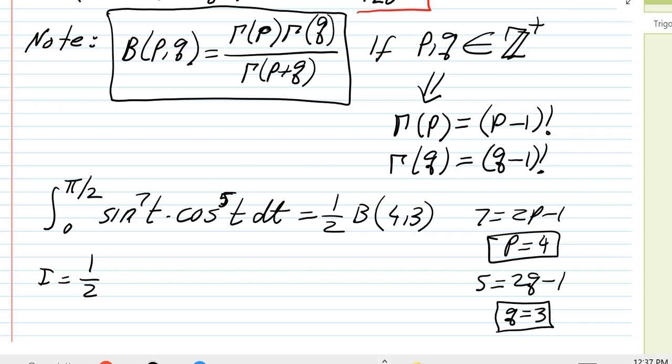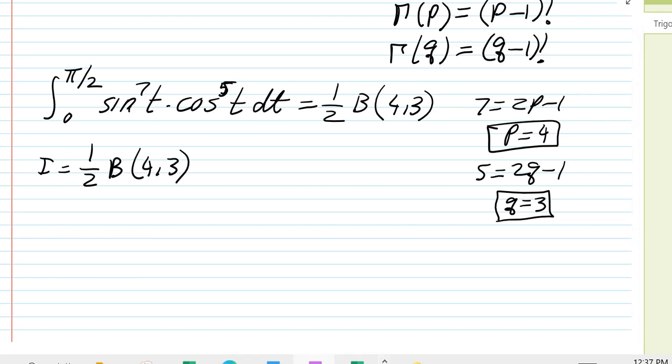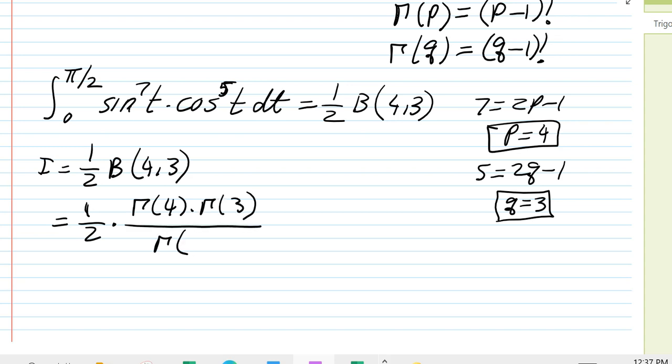Sorry about that. So using the relationship between beta and gamma function, now I can rewrite this as 1/2 beta 4, 3, and then because those are positive integers, I can write this as gamma of 4 times gamma of 3 divided by gamma of 4 plus 3, which is 7.